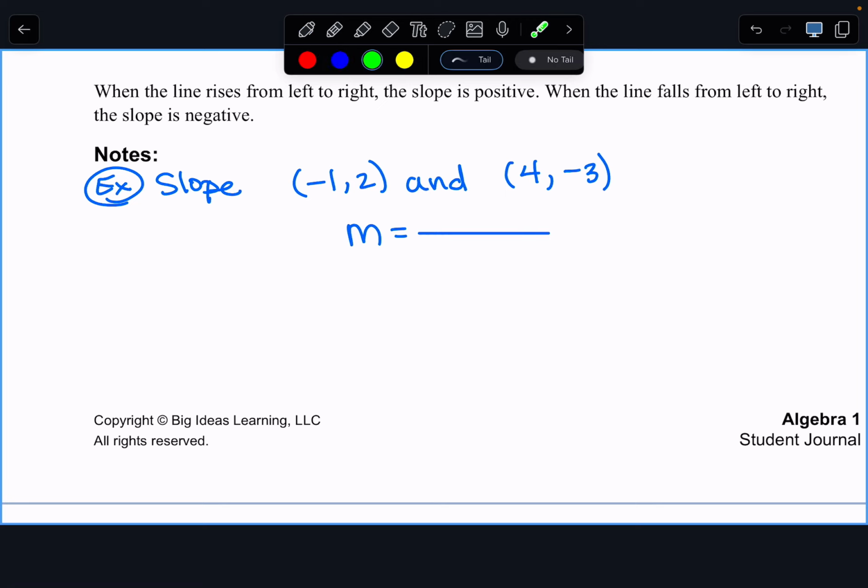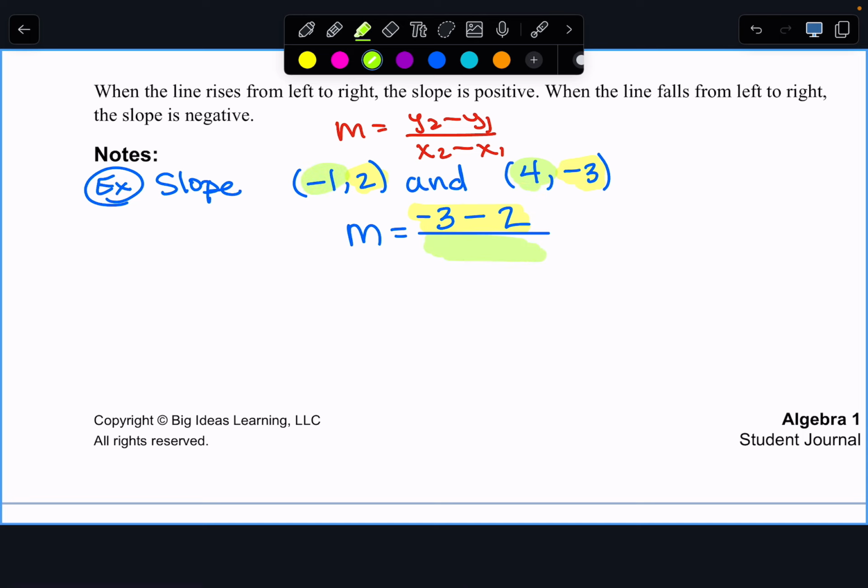We are going to take y2 minus y1. So basically, I'm going to take the second y minus the first y. Do you see how I did that? Second y, first y. I'm subtracting them. Then I'm going to take second x minus first x.